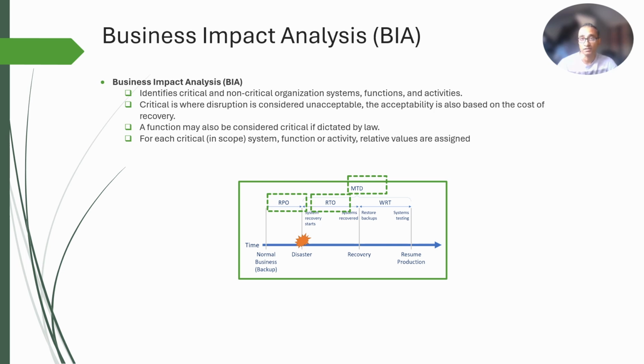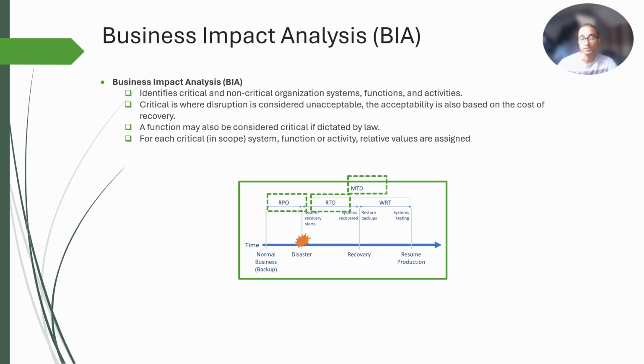It gives you an indication which will help you to see if there is a critical function where disruption is considered absolutely unacceptable. And of course, the acceptability is relative in terms of cost of recovery for that particular system or the function or the activity that has been provided with.